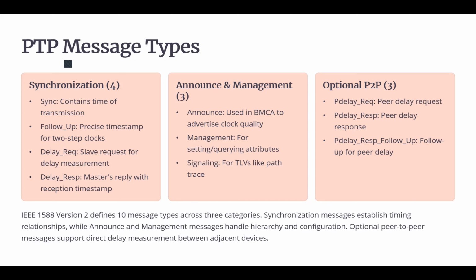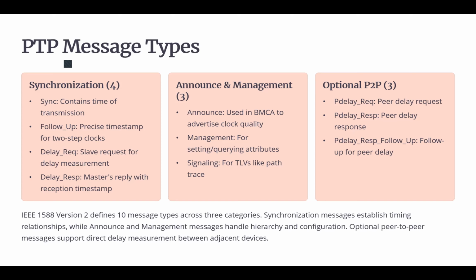Now, we mentioned the four-step paradigm, and in those paradigms, sometimes the slaves send a request to consider the delay, and the grandmaster or the master, the boundary clocks, would respond to that. So that process has two types of message.